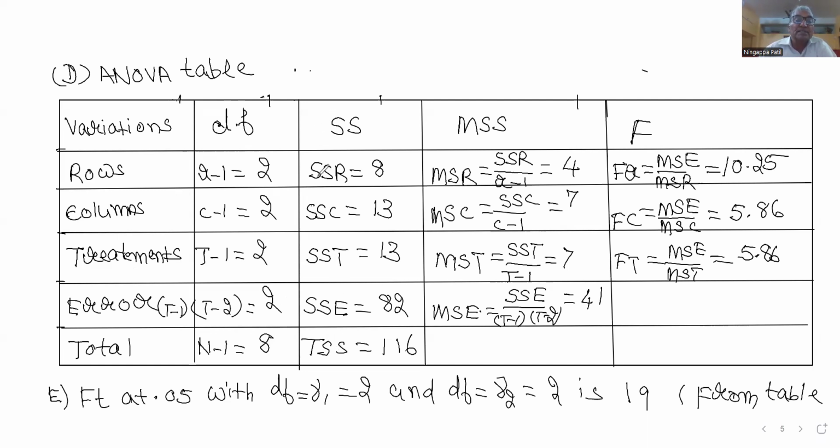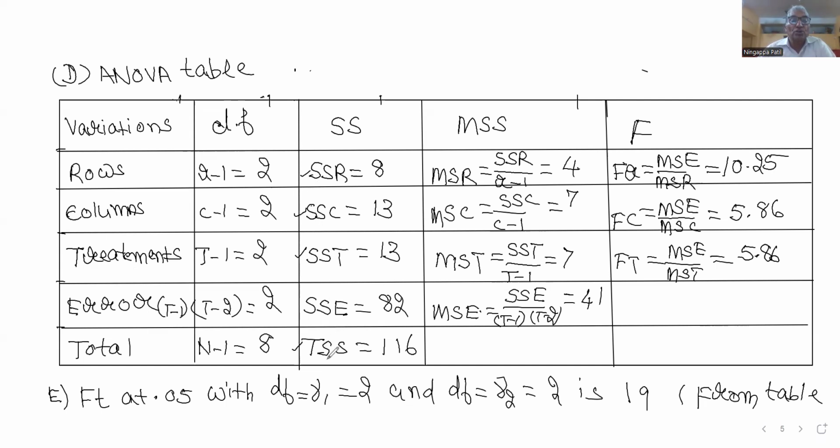My dear students, I will tell you how to get the TSS value, SSR value, SSC value, SST value from the calculator. And SSE can be calculated by subtraction. Look here.